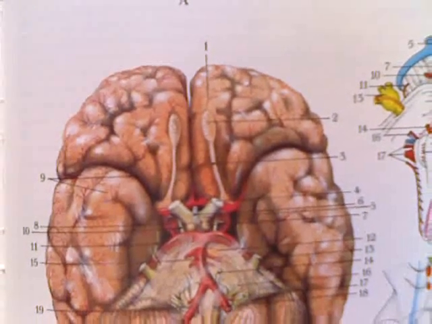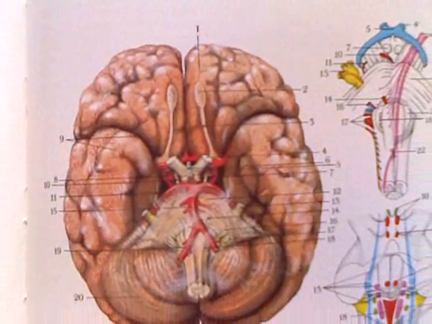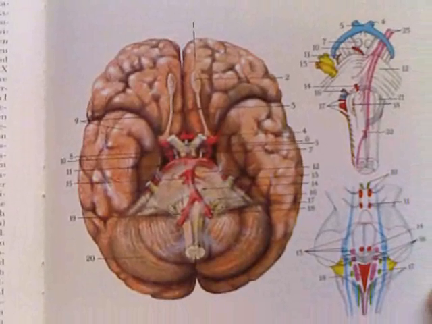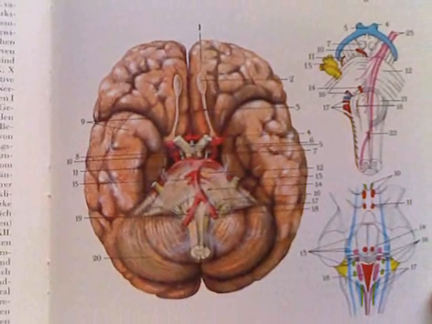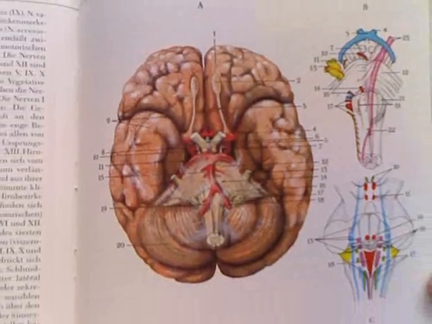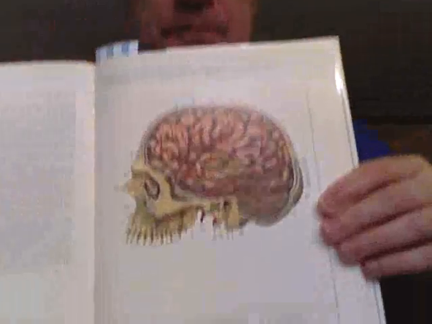Then it branches off to go to the back of the brain, and we will have an additional presentation to show you how refined the vessels get in diameter as they branch off into smaller and smaller segments of the brain. That is very nicely presented here.